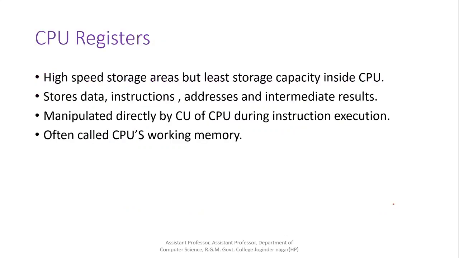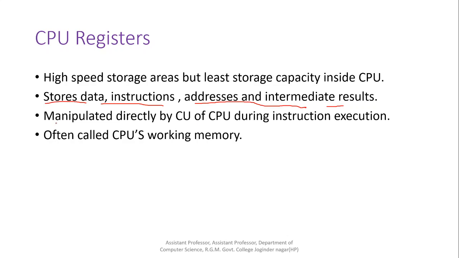The first kind of memory I will discuss is CPU registers. Registers are very high speed storage areas located inside the CPU. After the CPU gets the data and instructions from the cache and RAM, the data and instructions are moved to the registers for processing. Registers store data, instructions, addresses, and intermediate results that are used by the CPU.